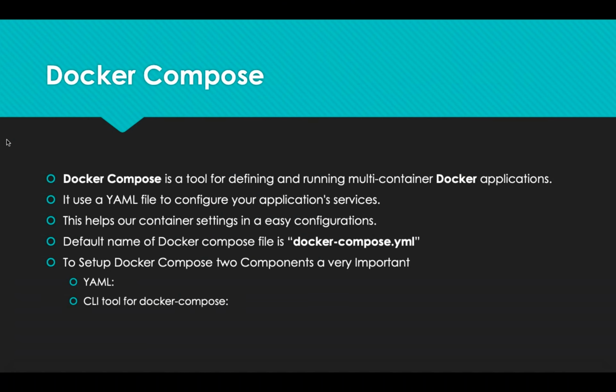We will get into it as well. So let's get some idea about what Docker Compose is. It is a tool for defining and running multiple containers as Docker applications.